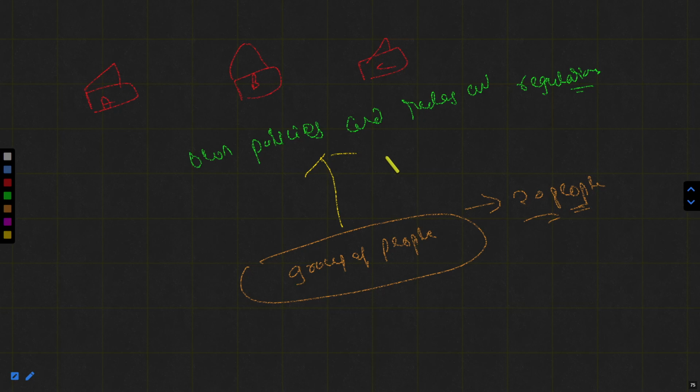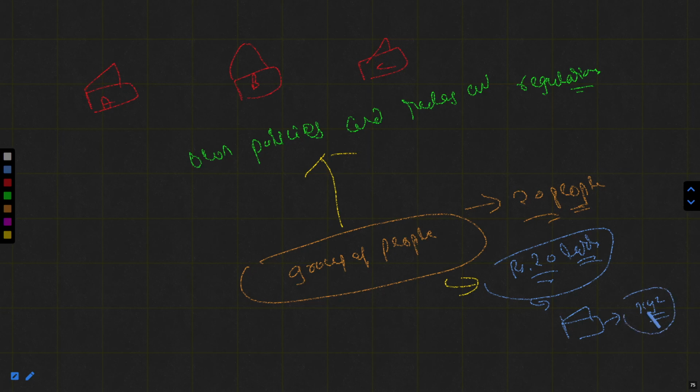So in such a case, all these people come together. They decide to pool the amount, and it is decided that the entire group will contribute rupees 20 lakhs, which means 1 lakh from each person. When they pool the money, the 20 lakhs becomes the capital, and then they establish their own bank called XYZ.